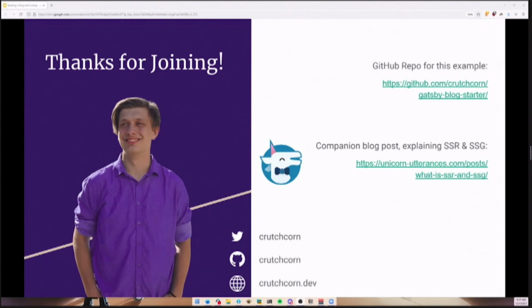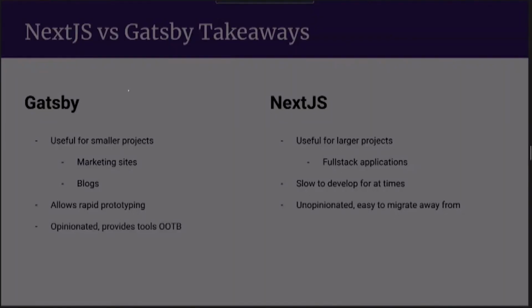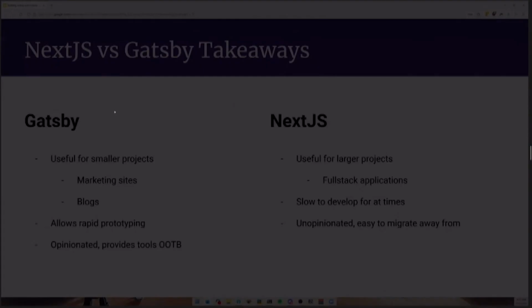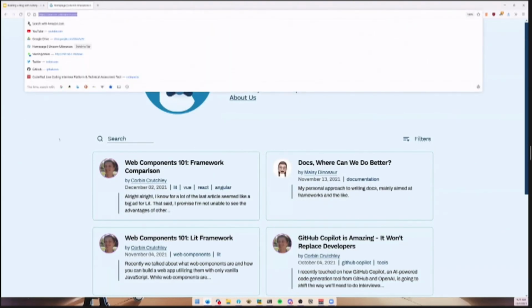On a simple level, what are the benefits of using SSG versus normal CF sites? So the advantage would be that it allows you to have an easier deployment process. For example, my blog Unicorn Utterances is hosted on a CDN, namely DigitalOcean Spaces.